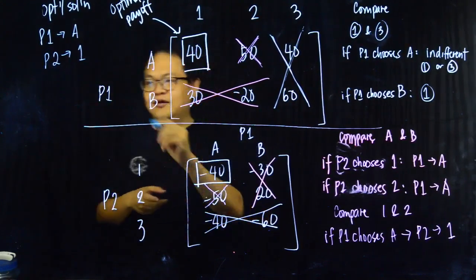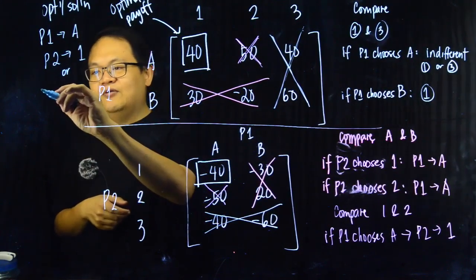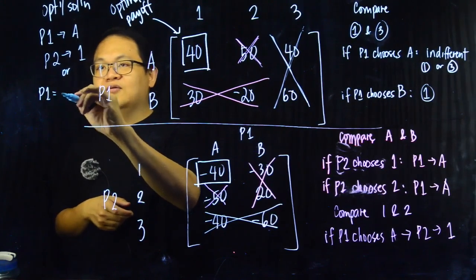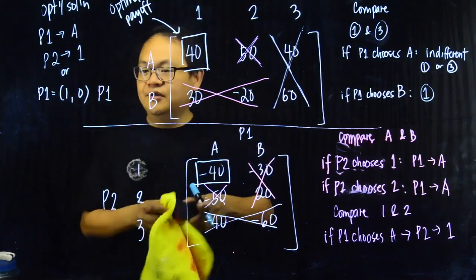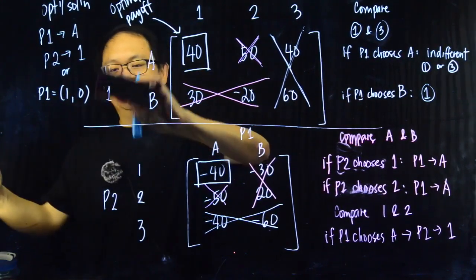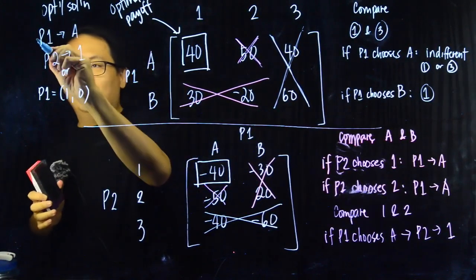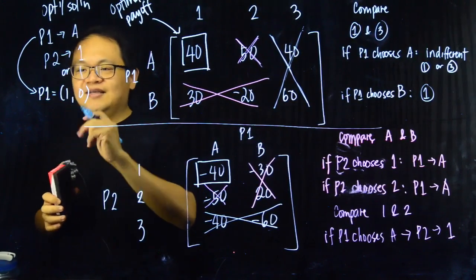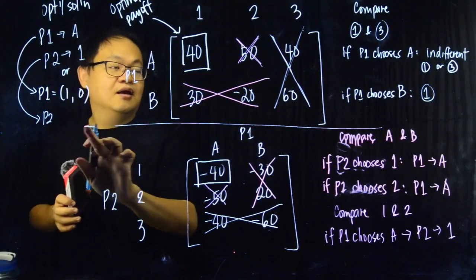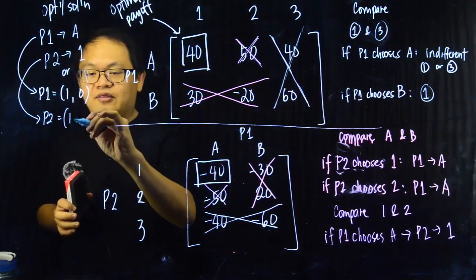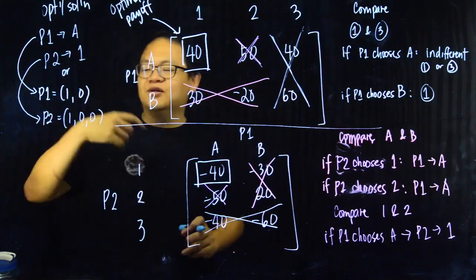Or, in order to write this mathematically, I will write it this way. Player 1 equals 1, 0. Sorry, let me move this. Player 1 choosing A means this. Player 2 choosing 1 means this. Let's try to understand. What is 1, 0, 1, 0, 0?